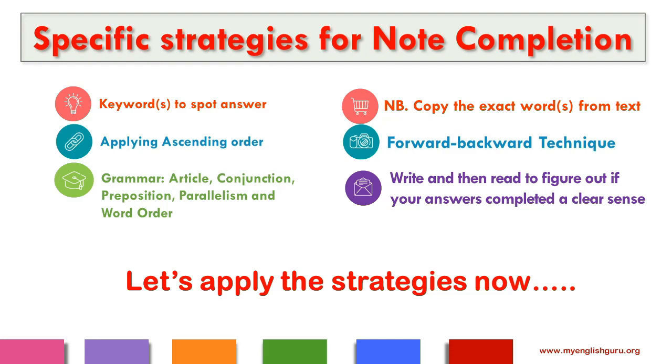I'll discuss this in a minute. And then you have to copy the exact word or words from the text. You cannot just modify the word. If you find a word, for example, water, you cannot say watering, or you cannot say watered. You cannot just change the tense or form of the word.